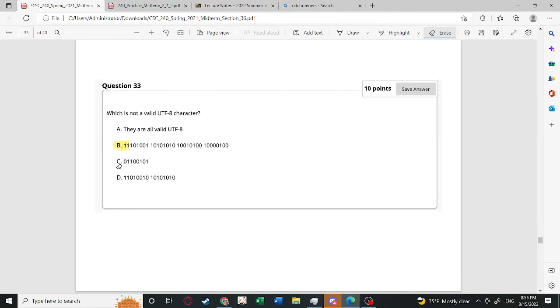So yeah, this is ASCII. This is a 2, and this has 3, but this one has extra bits. This is why it's wrong.